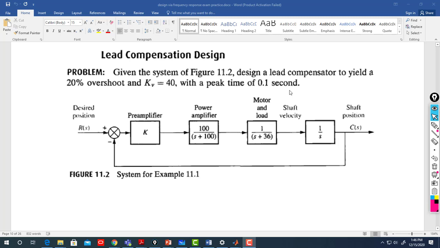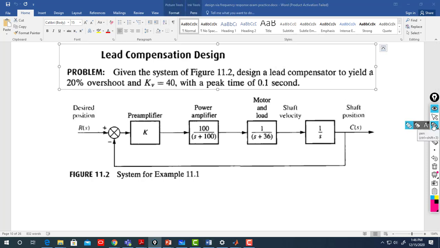How do we go over this? Well, first you should know what the lead compensator looks like. It's as in root locus, so it's not something new. So you are familiar with the lead compensator.